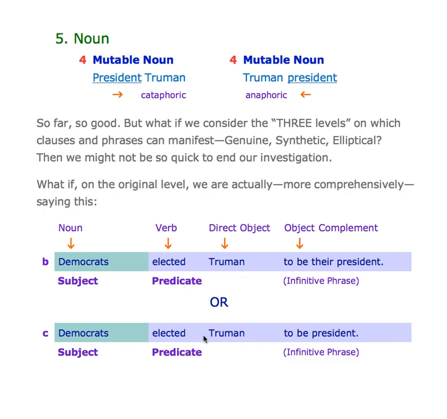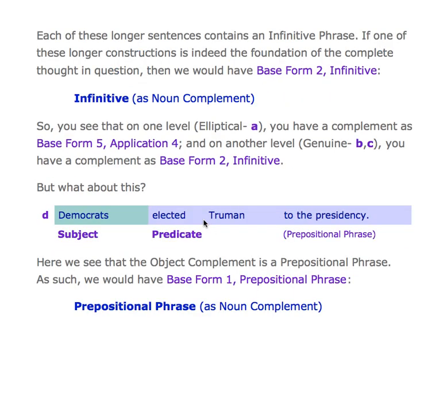All right, either way, we have something that could be going on in the mind. Each of these longer sentences contains an infinitive phrase. If one of these longer constructions is indeed the foundation of the complete thought in question, then we could have base form 2, infinitive, which reads the infinitive can be a noun complement.